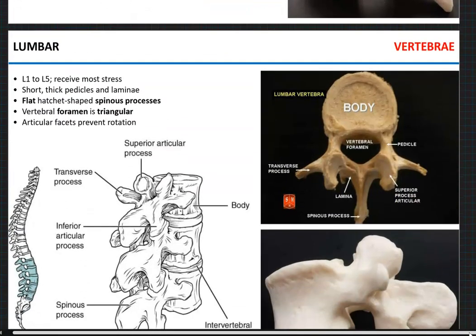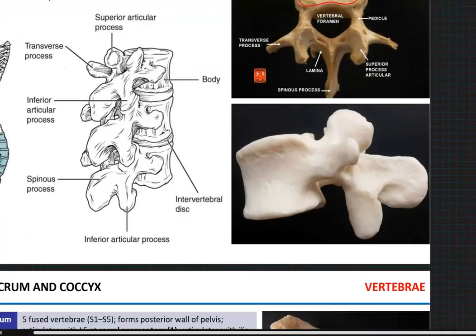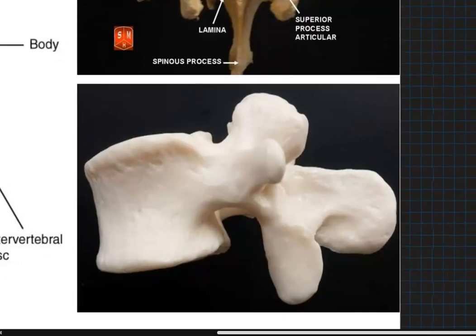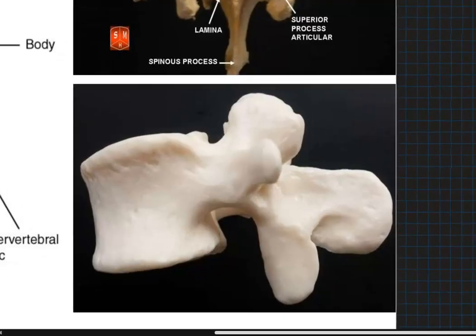Finally, the lumbar vertebra. Biggest body. When you look at it from this side, I have a question for you. What does it look like for you? Does it remind you of anything? Okay, this part is often called a hatchet.